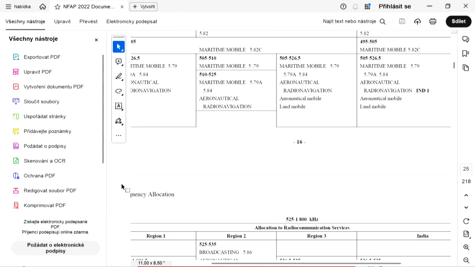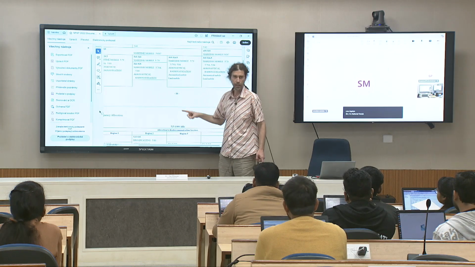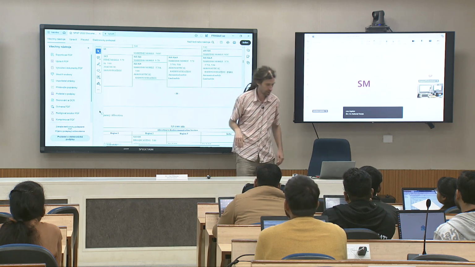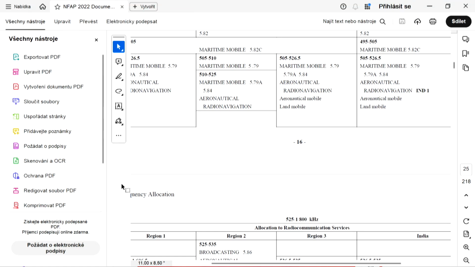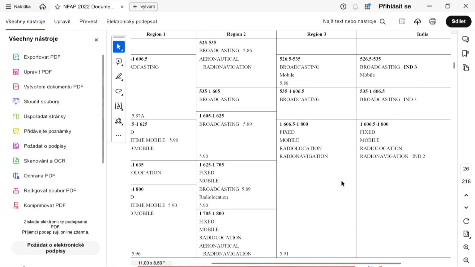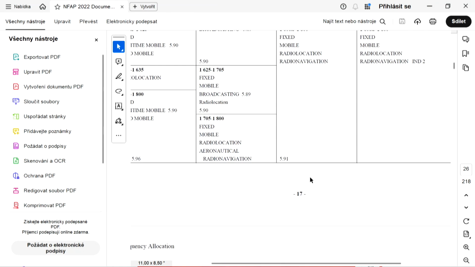So we will go to the first number. It is always the frequency band. It is like primary and secondary usage, as I already explained. It is a huge document, of course, and it is very often updated, so you can check it later. It is 1.6, 1.8.